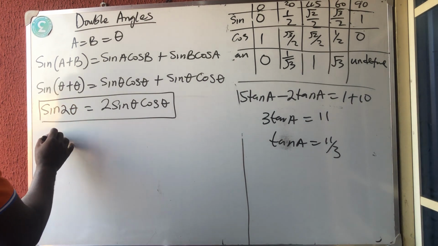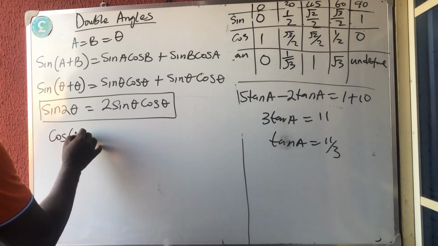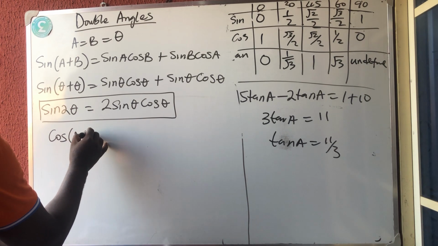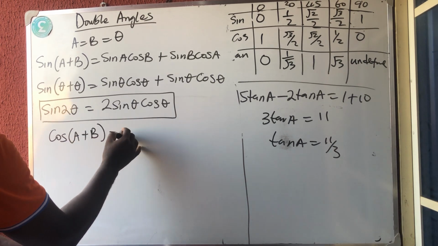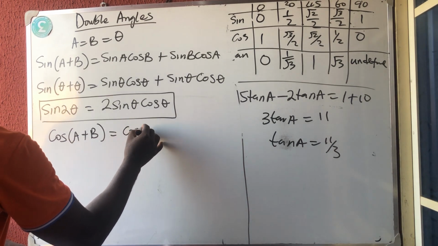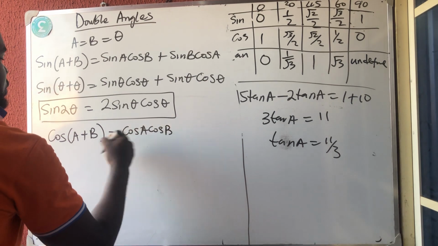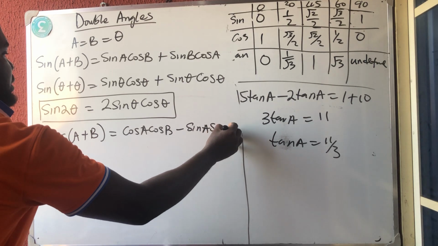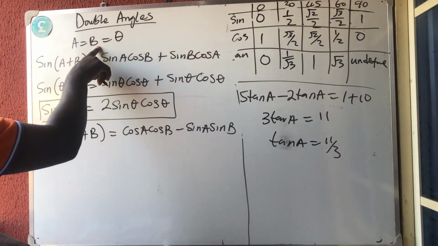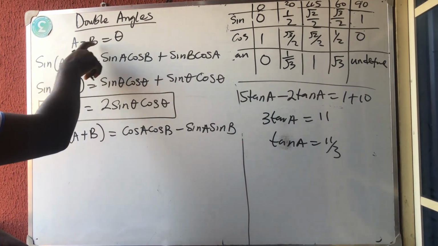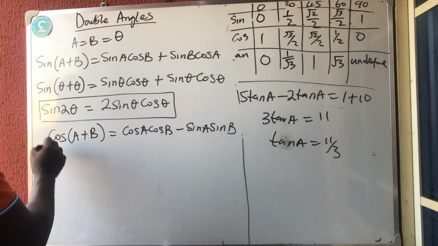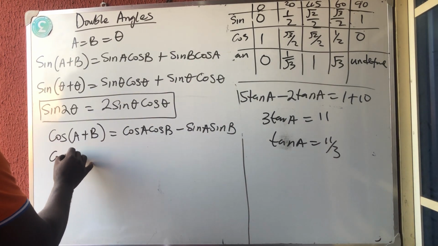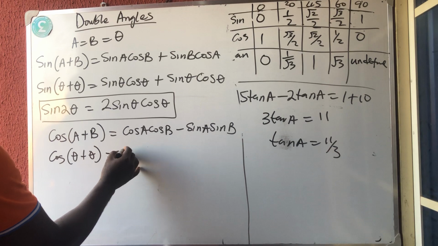So let's check for the cos. I know that cos (A plus B) is equal to what? Cos A cos B. You know that the sign will change, minus sine A sine B. So we now say that A is equal to B, which is equal to theta. Anywhere you see A, put theta. Anywhere you see B, put theta. It will now be what? Cos (theta plus theta) is equal to what?